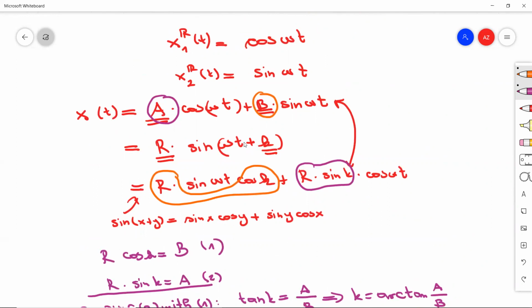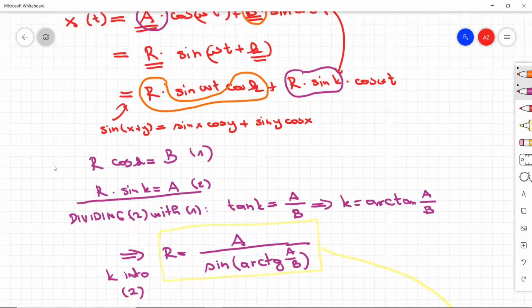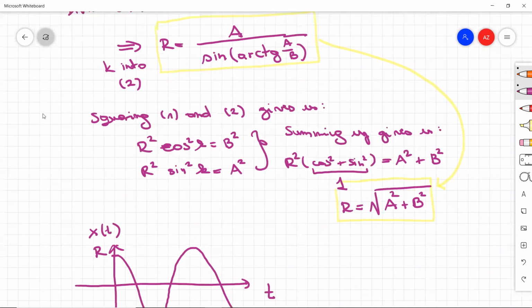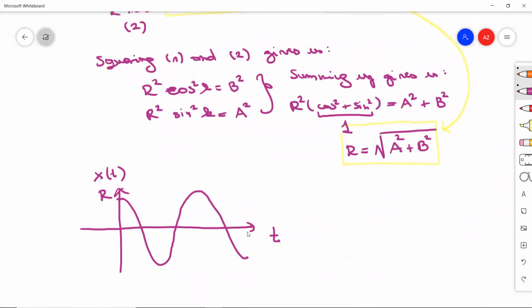So it's really a sine with amplitude r, and the phase is just some translation in the x-axis. Sorry, in the t-axis, because our x-axis is now in fact time.